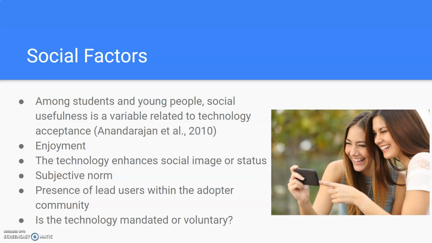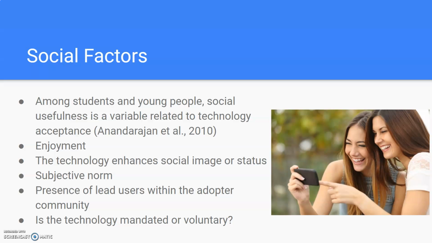Now, social factors are really key among students and young people because social usefulness is a variable related to technology acceptance. So, for example, I think about young people and Snapchat, and the social dimension is so important in the adoption of a technology like that.